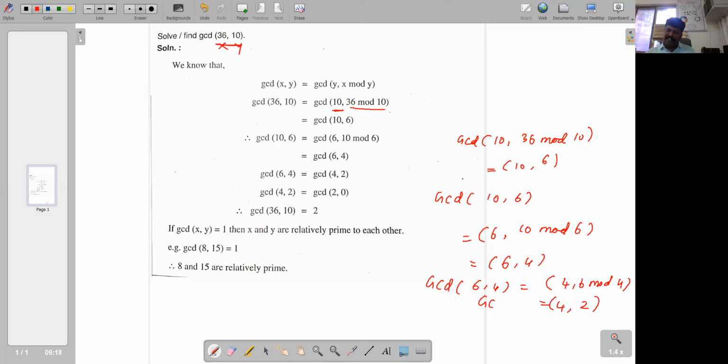If you find the GCD of 4, 2, here you will get 2, 4 mod 2. So you will get 2, 0. By the way, 2 will be the greatest common divisor between 36 and 10. I hope this is clear. If any queries, you can write in the chat box.